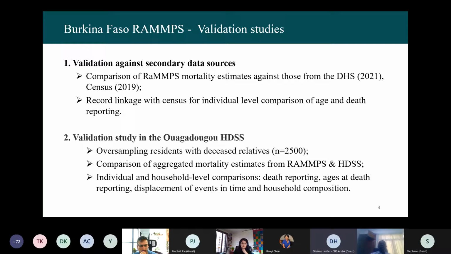In addition to individual level analysis, we'll also conduct aggregate level analysis just by comparing NAMS estimates with the HDSS estimates. So these are the two strategies we would like to use to validate the NAMS methodology. Next slide, please.